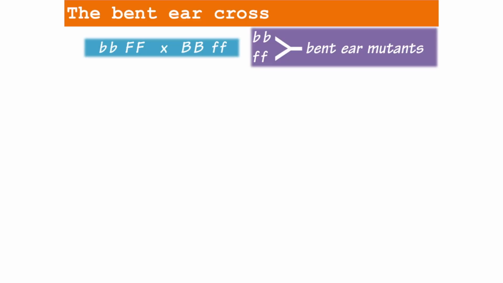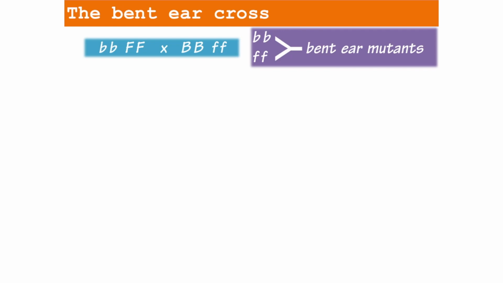So our initial cross now was this. You assume that mutations are rare, so for the gene that we're not looking at, almost everyone in the population is homozygous dominant. But that individual would have bent ears. Big B, little f would also have the bent ear.